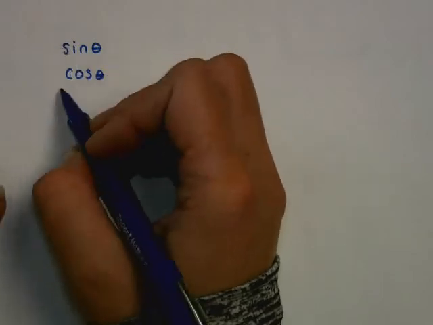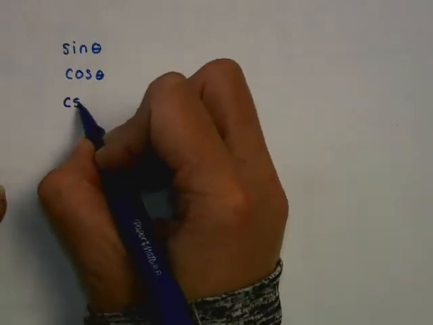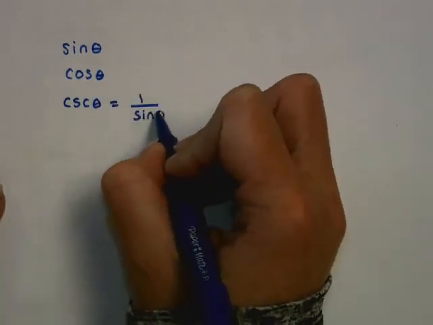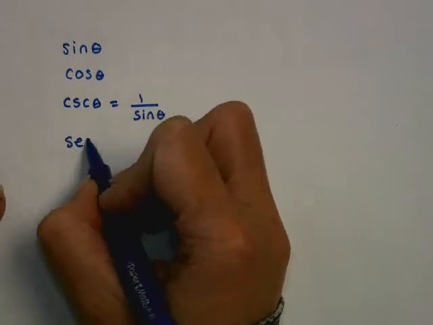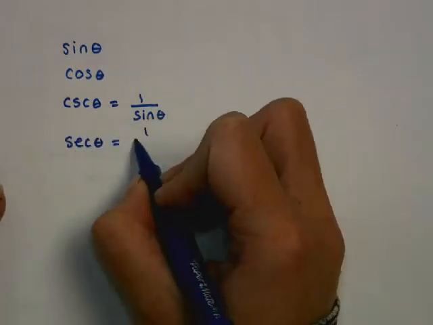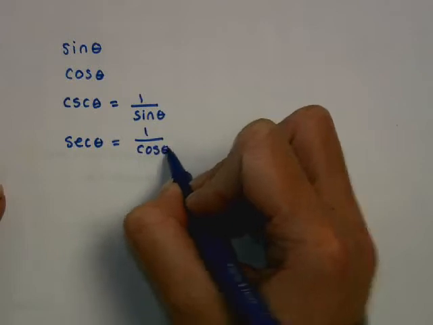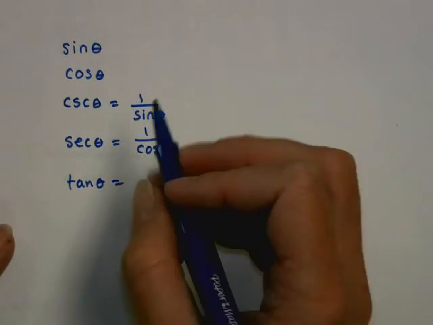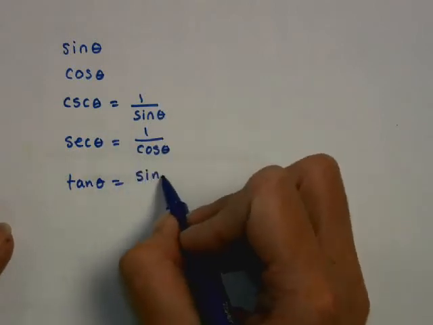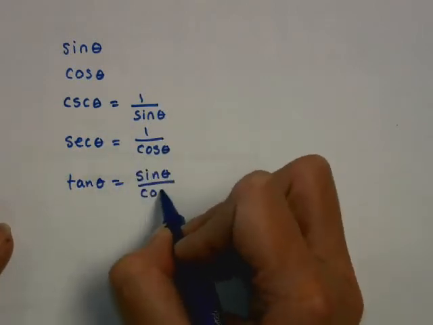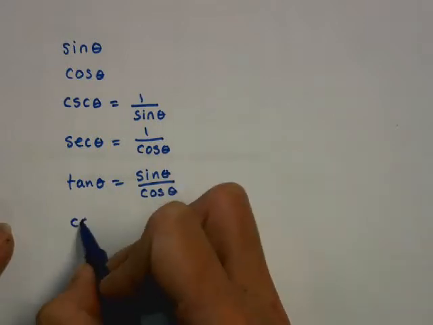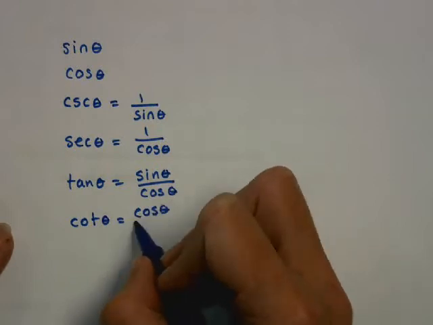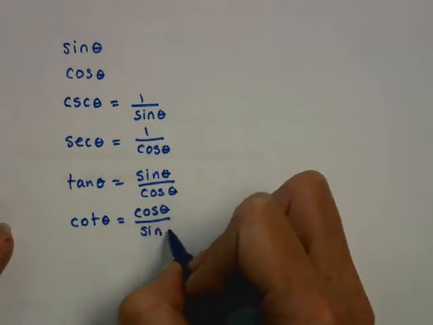So the other 4 trig functions are cosecant, which we can rewrite as 1 over sine, secant, which we can write as 1 over cosine, tangent, which we can write as sine over cosine, and cotangent, which is going to be cosine over sine.